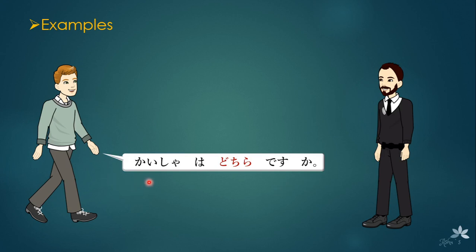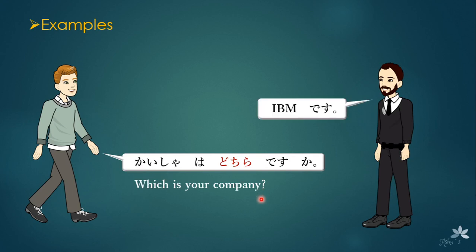Now he's asking, Kaisha wa dochira desu ka? Which is your company? IBM desu. So he says IBM.